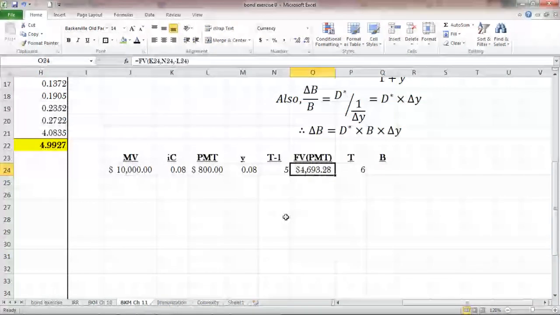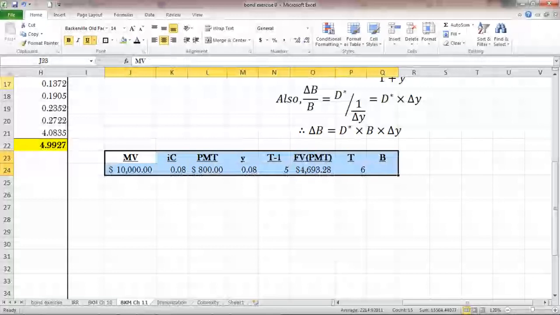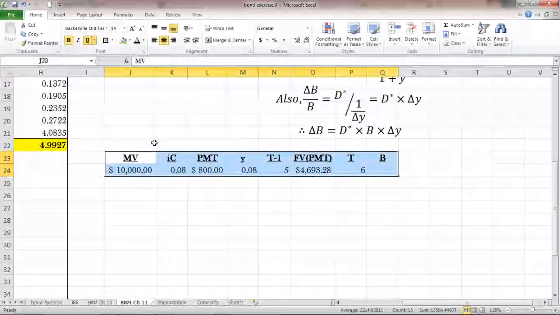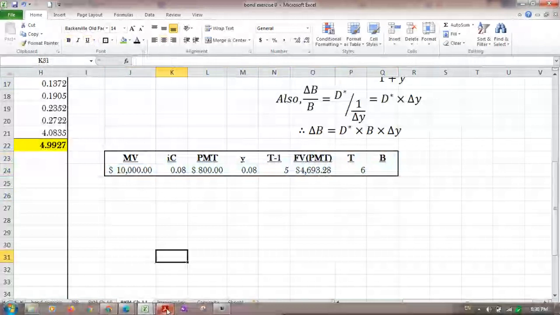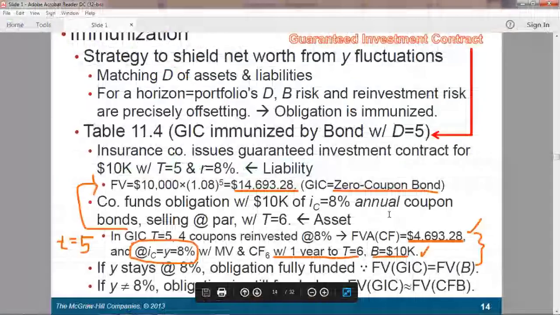And that's what this is saying, right? The future value of all those coupon payments will be this. And with maturity value and cash flow in year 6, right?